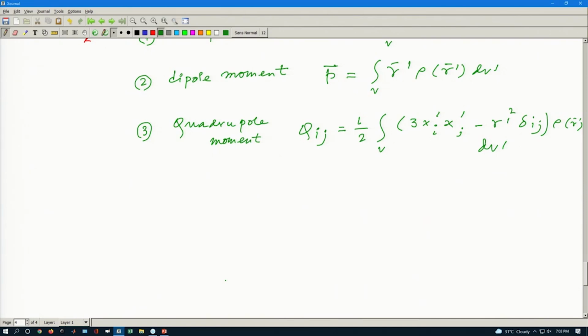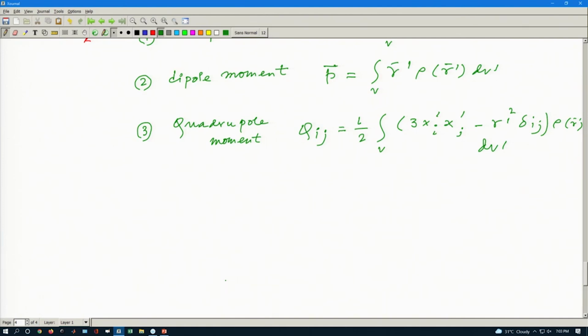But before ending, we will also show, as I mentioned, how the dipole moment depends on the coordinate when the total charge is equal to 0.